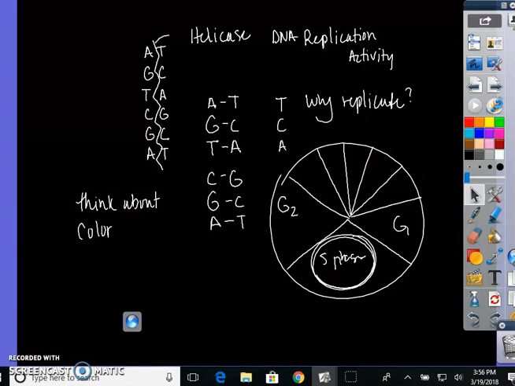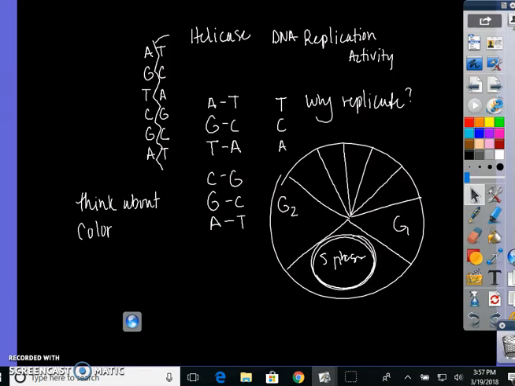But with this last part, I really want you to take some time and color code all the different parts, color code all your bases, your template strands, circle the replication fork, and identify what your enzymes are. It is so important that you understand DNA replication and the importance of this, and just gain an appreciation for just how beautiful it is.